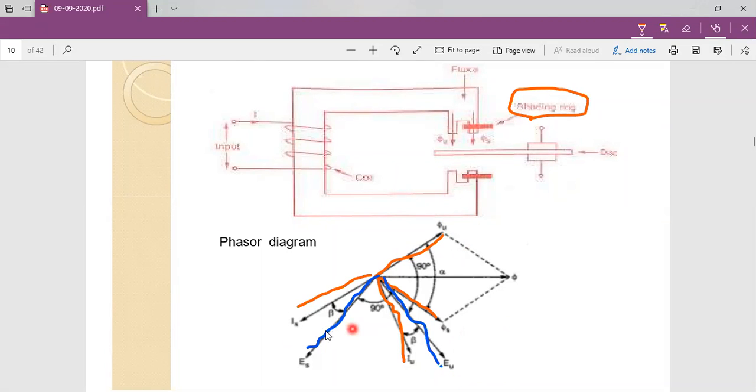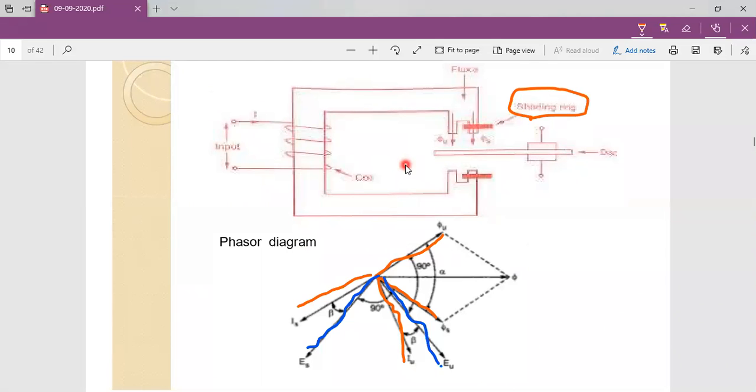So this disk IS current interacts with air gap flux pi u, and this disk IU current interacts with air gap flux pi s. Because of this flux and current interaction, two torques or two forces are produced on the disk.